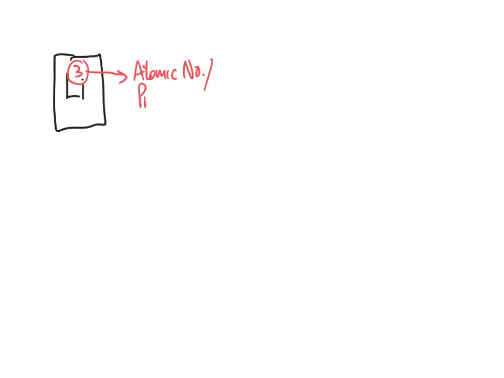On the periodic table, lithium is represented as Li, and it has an atomic number of 3. So that's the atomic number, or the proton number, and that implies that the number of protons in lithium is 3.